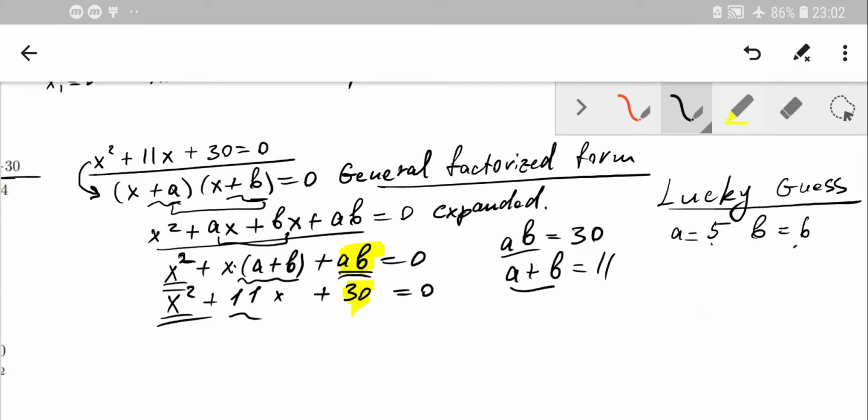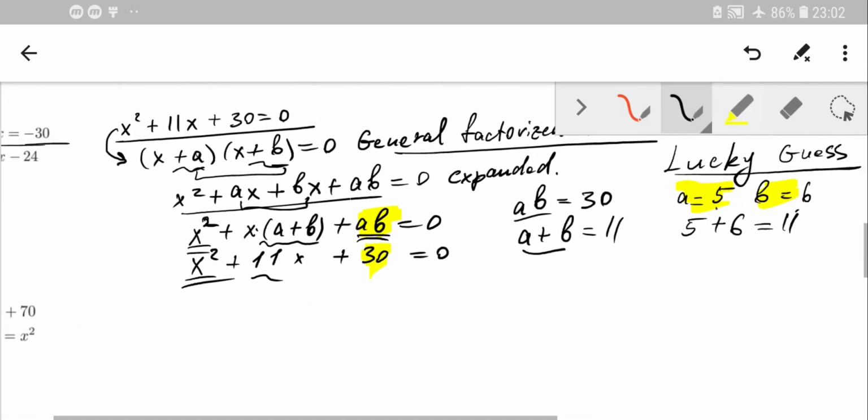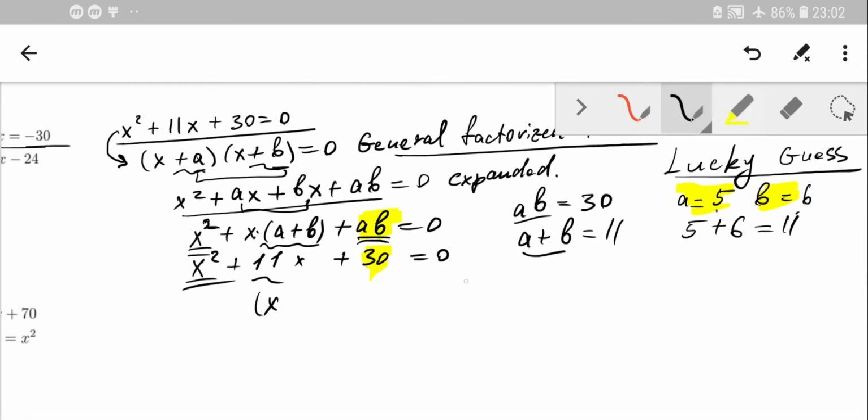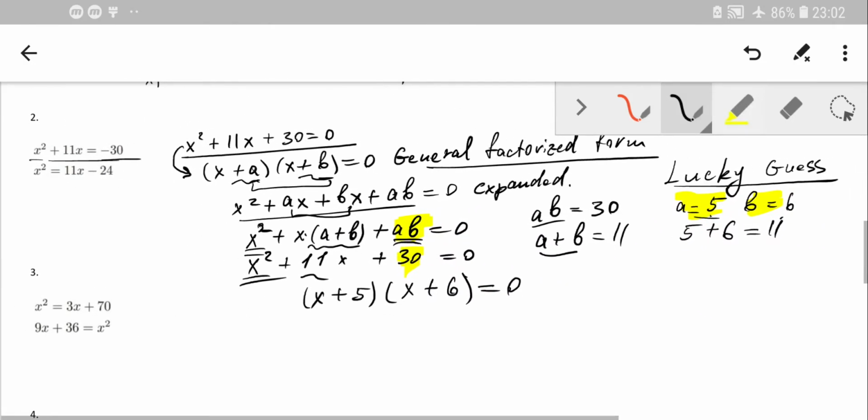I bet that they are a solution, because if we add them up, 5 and 6, just check, we'll get 11. So they are both correct, and that's why the factorized form is the following. Instead of a, we put 5, and instead of b, we put 6. This is the factorized form. Don't worry if you don't get how it works.